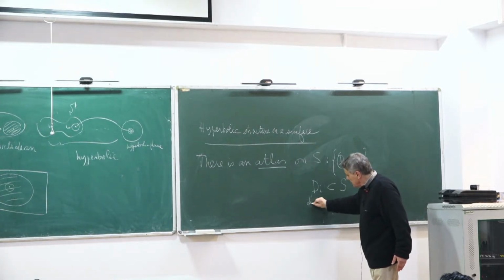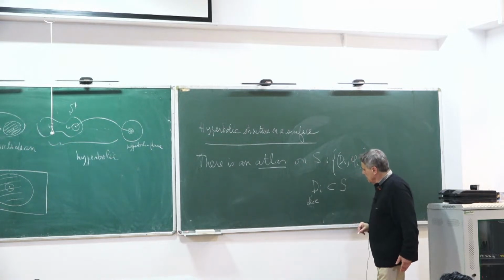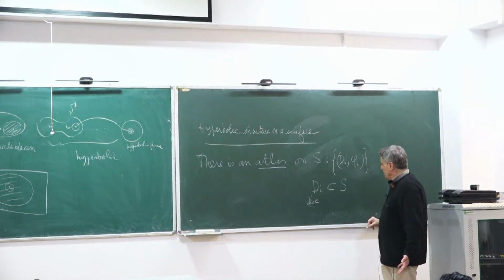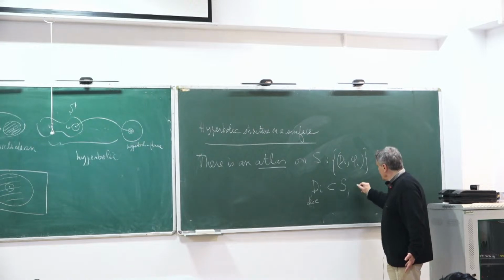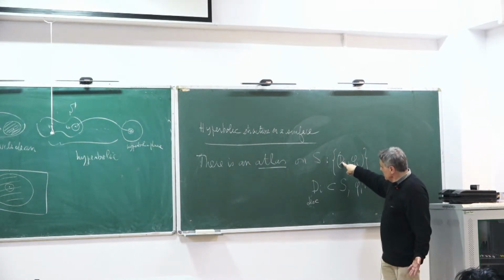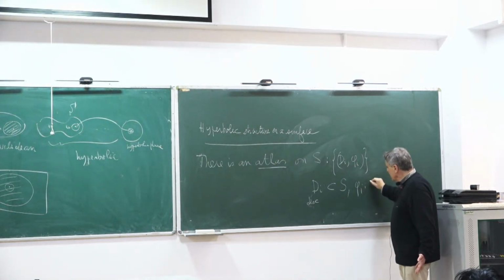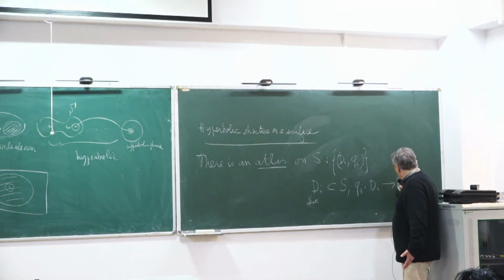I want to take a disk. And phi_i is the geographical map which sends this D_i into the hyperbolic plane.